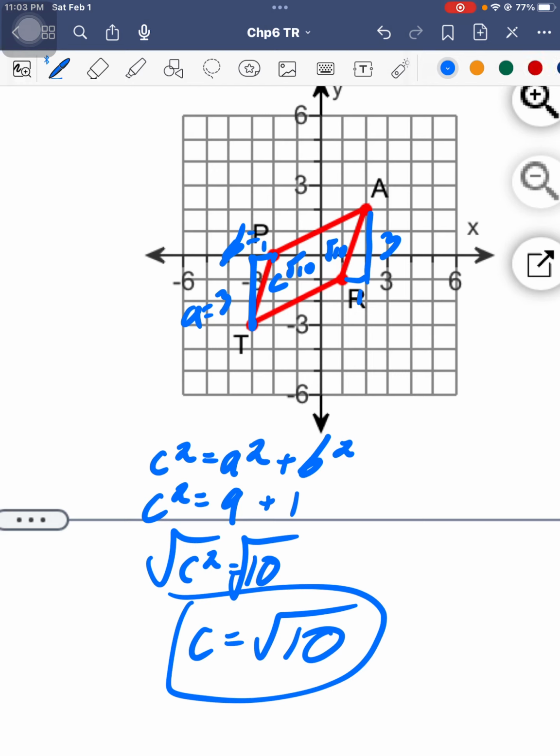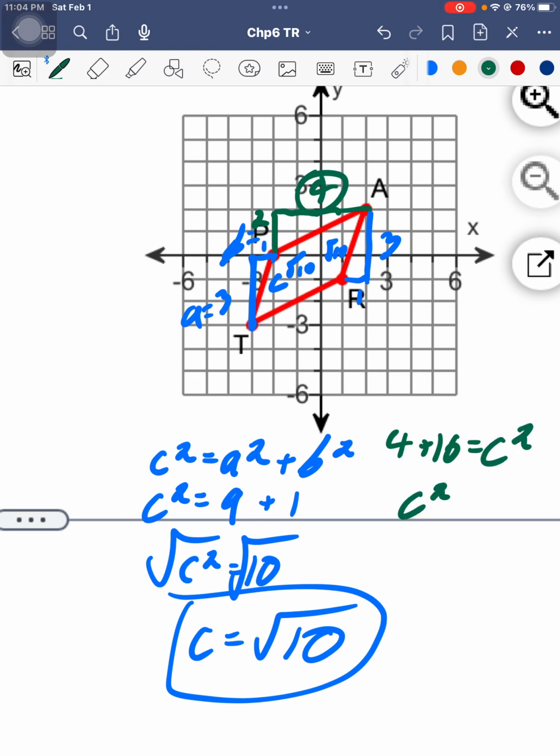Okay, now in green, let's do this PA. So 1, 2, 2, 1, 2, 3, 4. What is 2 times 2? 4. What is 4 times 4? 16. So C squared is equal to 20.